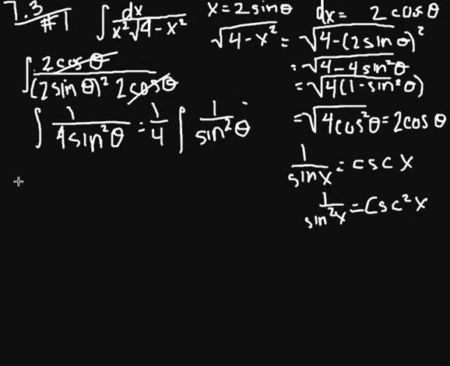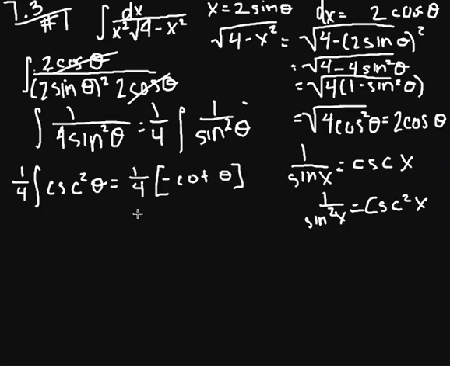So now what we have is 1/4 times the integral of cosecant squared theta, which we can take the integral of, and that equals 1/4 times negative cotangent theta. Now, this would hypothetically be our answer if it was in terms of theta, but it's not. It needs to be in terms of x.